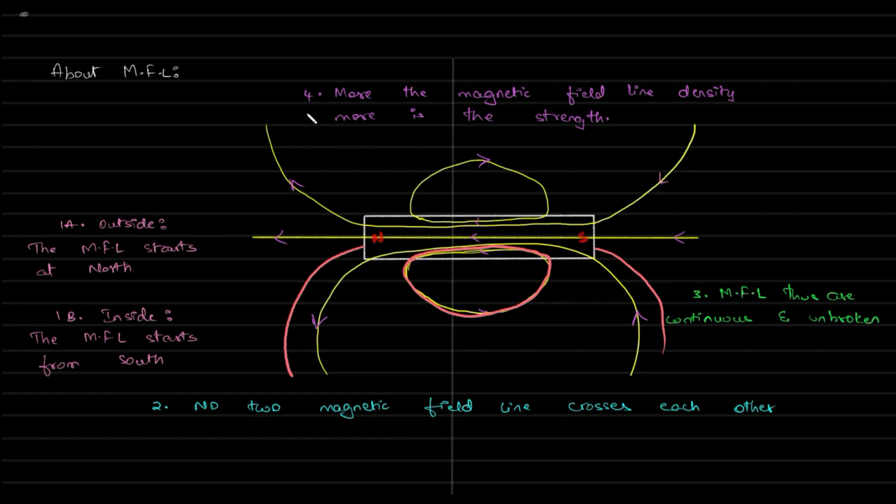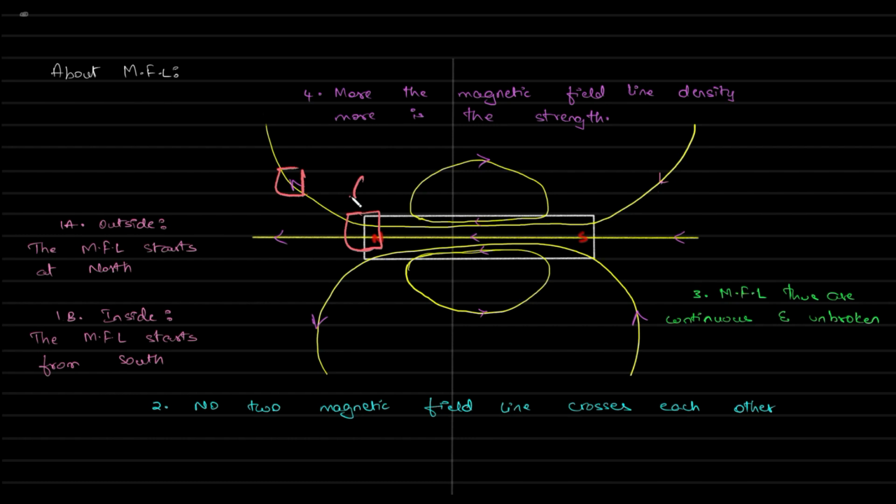The fourth point is: more the magnetic field line density, more the strength. That is, if you see a space, if you consider a space something like this and some space like this. Again, the space has to be the same actually. So if you consider a space like this and a similar area space like this, clearly the density is more over here than over here.